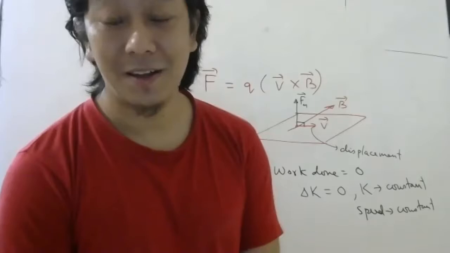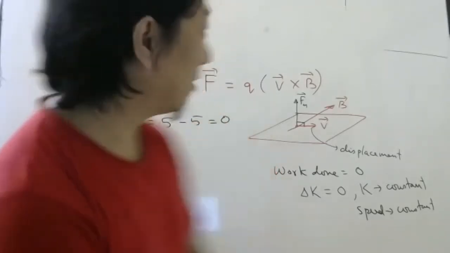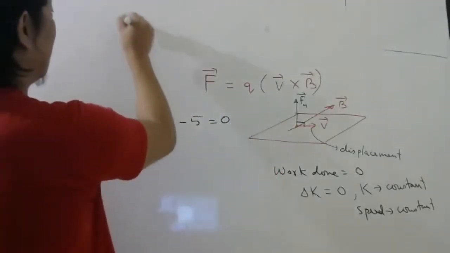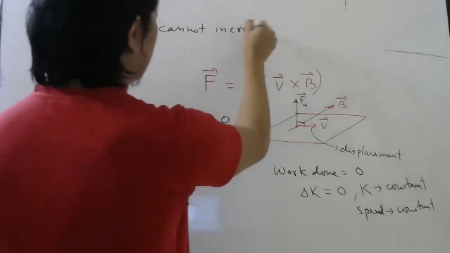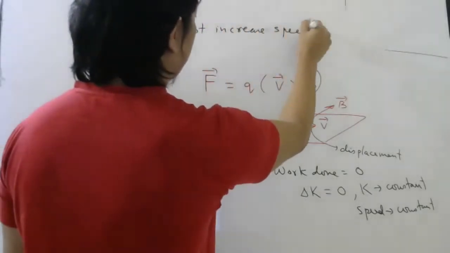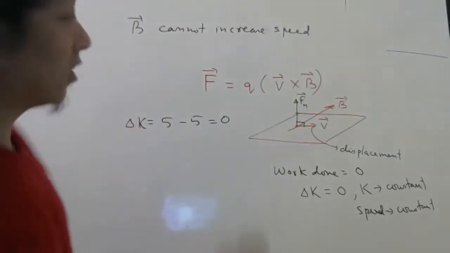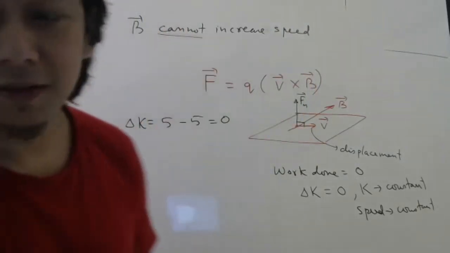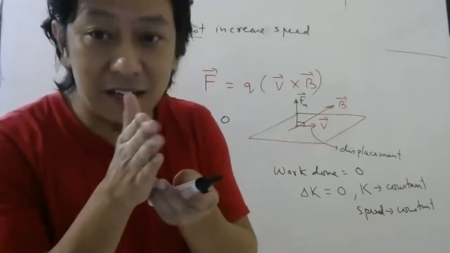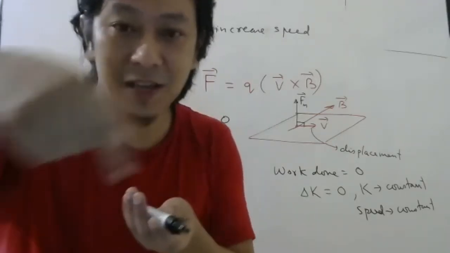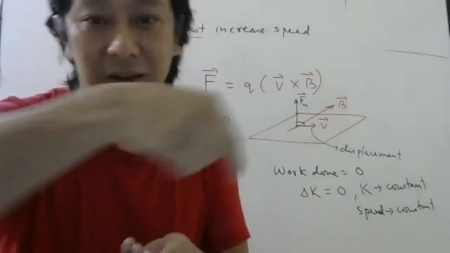Think about this. First day only I told you that a magnetic field cannot increase speed. If it cannot increase the speed, it will change the direction. If you remember, the charged particle moves in a circle.